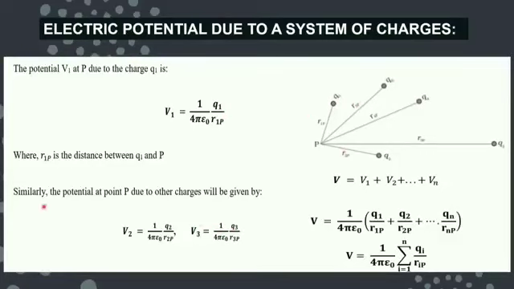So you can write the potential at point P due to the second charge as Q2 upon R, of course multiplied with 1 upon 4 pi epsilon naught. Similarly for V3, and whenever you want to find the potential due to all these charges, you have to simply take the algebraic sum. No vector sum is there because potential is a scalar quantity.